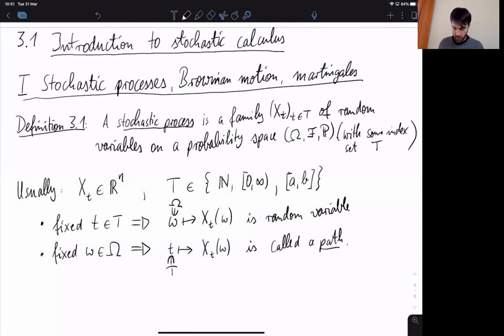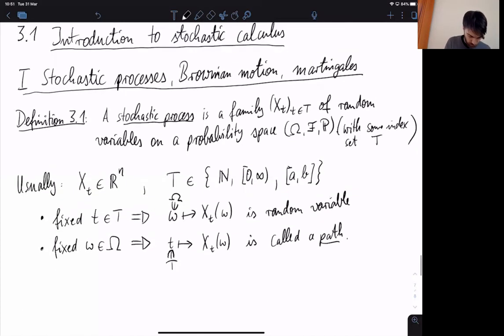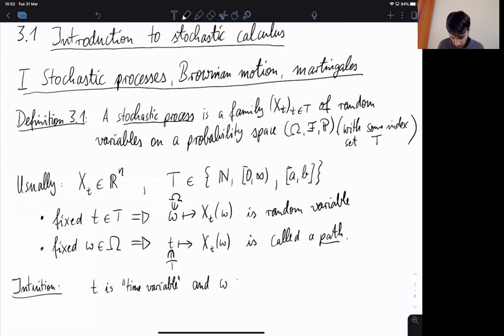And then maybe a helpful intuition is that t is a time variable, and the omega is maybe a particle or an experiment.